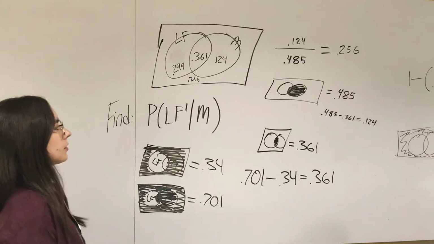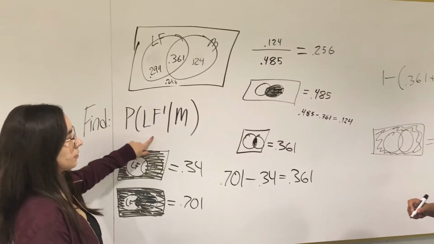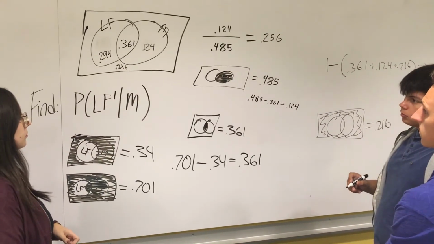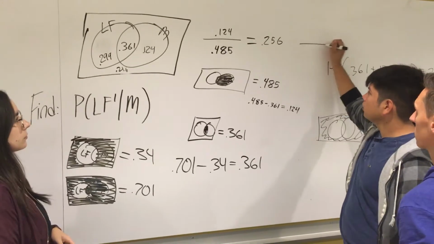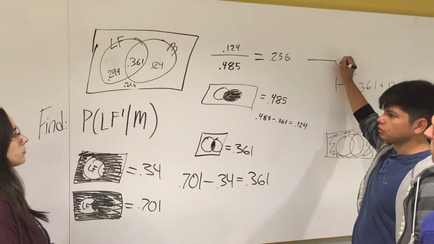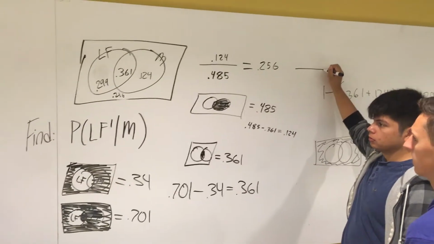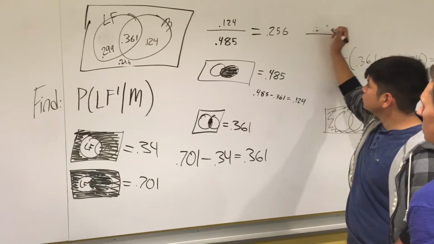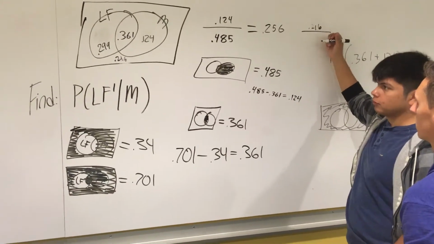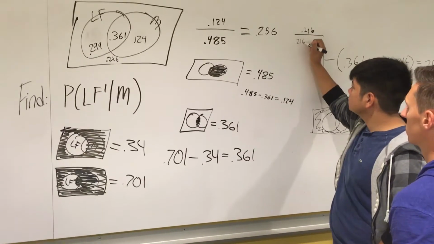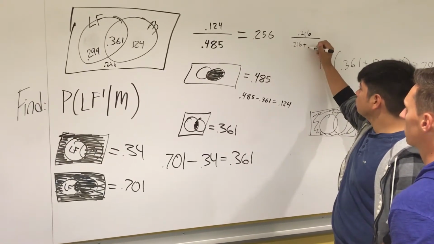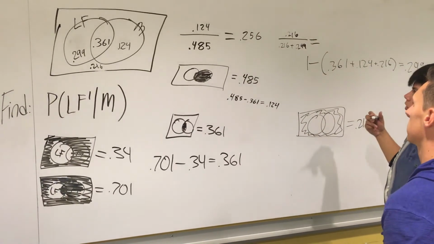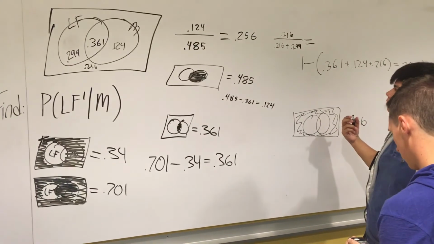Okay. So now, basically, it's still this, but just female, right? Or not male. Yes. So in relation to that one, on the top we're looking for not in the labor force, given that they're female. So on top we'd have our not in labor force and female, which is 0.216. On the bottom we'd have our total females, which is 0.216 plus 0.299, and that comes out to, I believe it was 0.4 something.